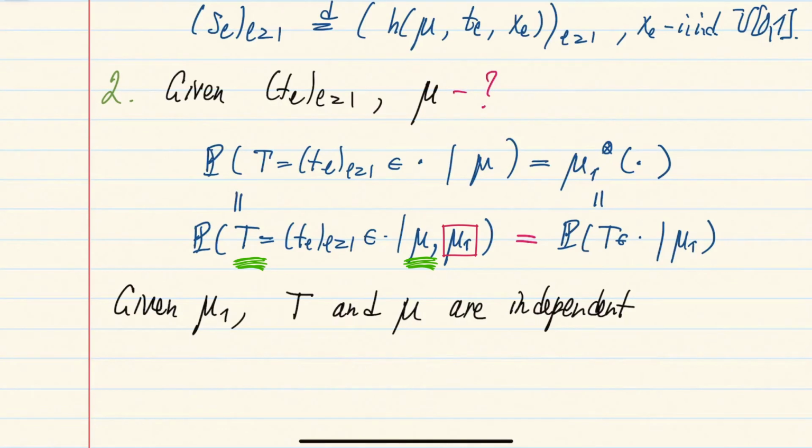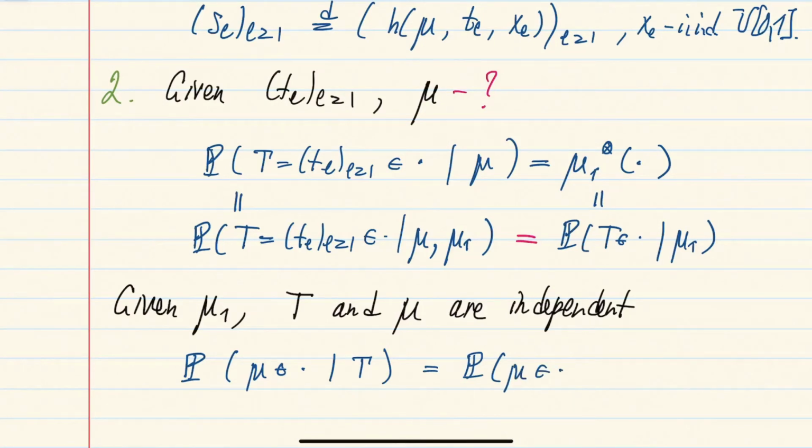And then we can use this conditional independence as follows. So our goal above is to describe distribution of mu conditionally on the sequence t. And first thing, we recall here that in the condition we can also include measure mu1, because measure mu1 is just a measurable function of the sequence t, because it's just its empirical distribution.